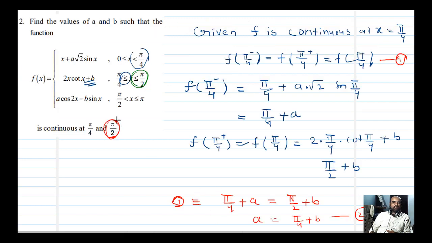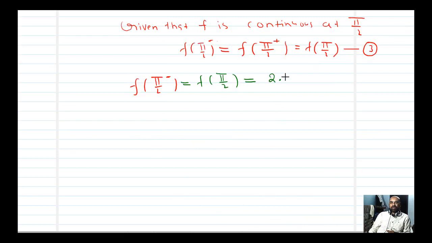In this rule, instead of x you write pi by 2: 2 into pi by 2 into cot pi by 2 plus b. So 2 gets cancelled, this is equal to pi into cot pi by 2, which means cos pi by 2 by sin pi by 2, that is 0, plus b. So directly we get b, that is f of pi by 2 minus and f of pi by 2.